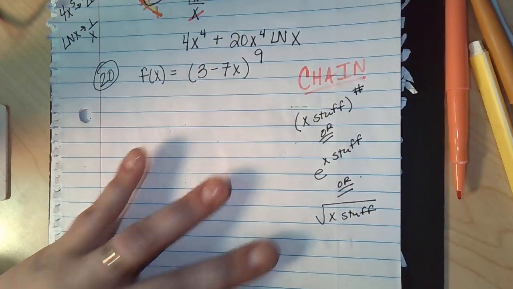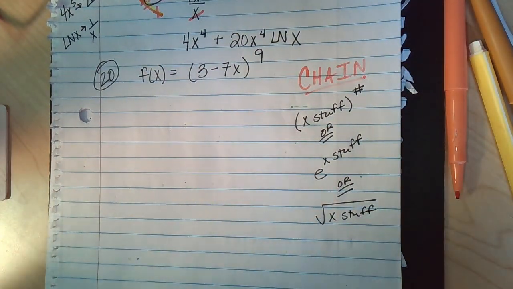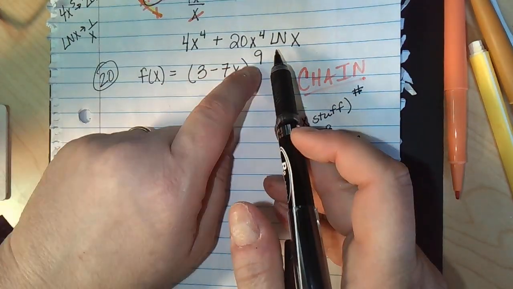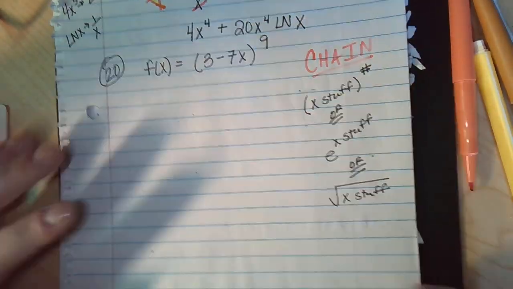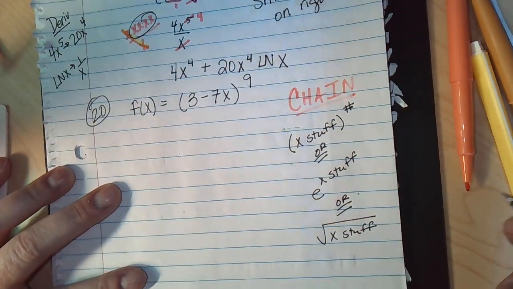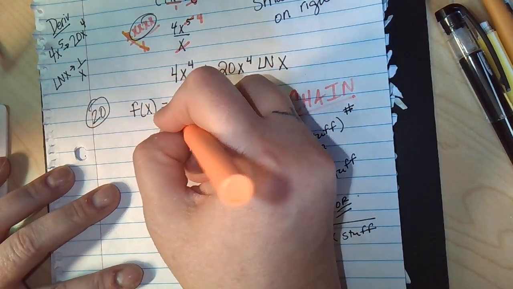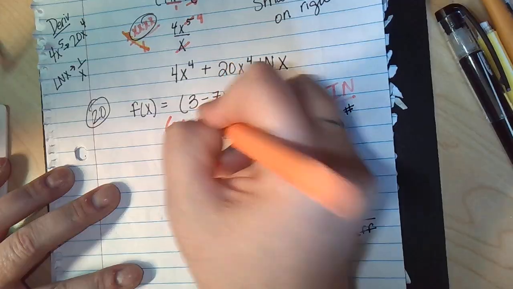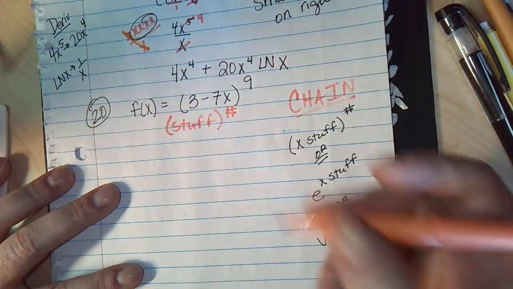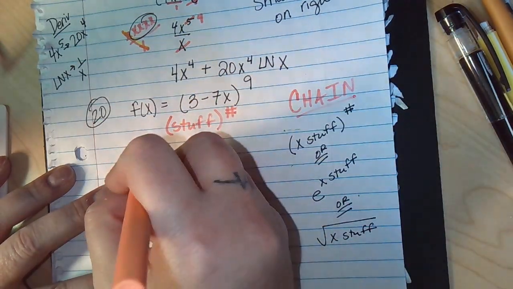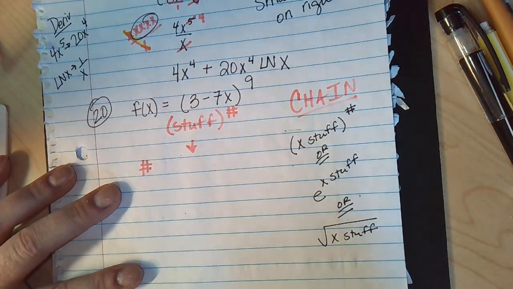Okay, anyway, so basically if you have a bunch of stuff happening raised to an exponent, we have to use the chain rule. The chain rule says if you have stuff inside to a number, the derivative of it is you put the number in front, like normal.